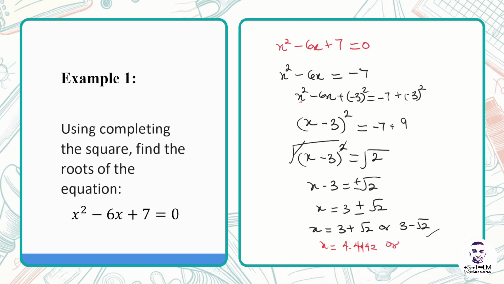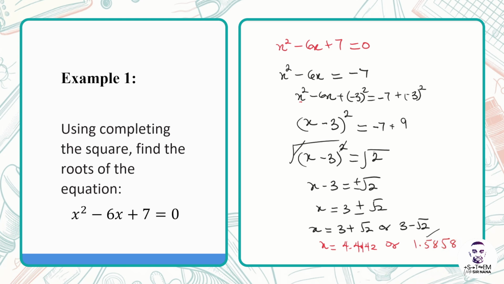Or you have 3 minus the square root of 2, and that gives us 1.5858.